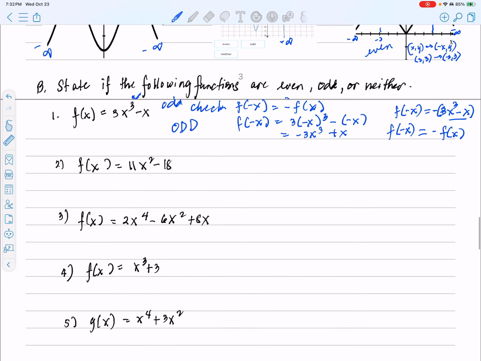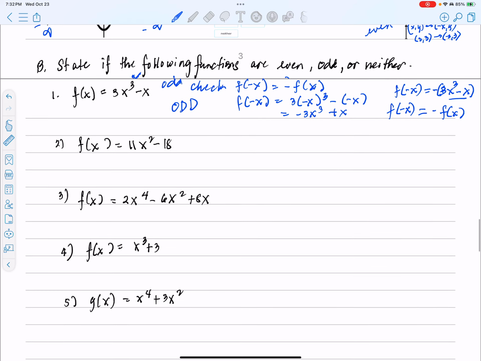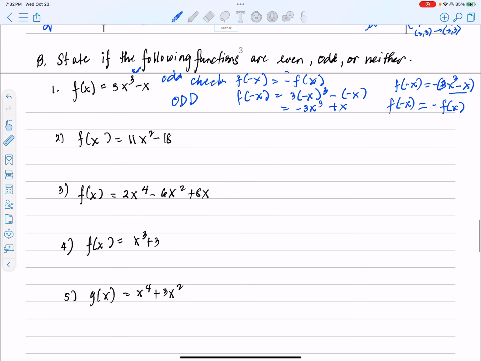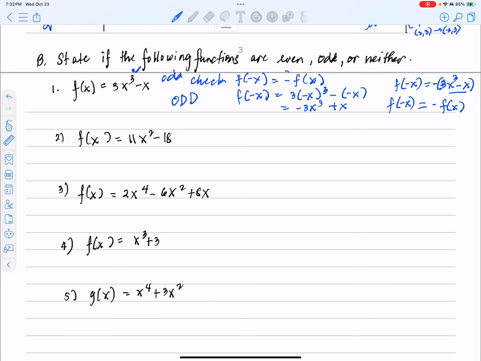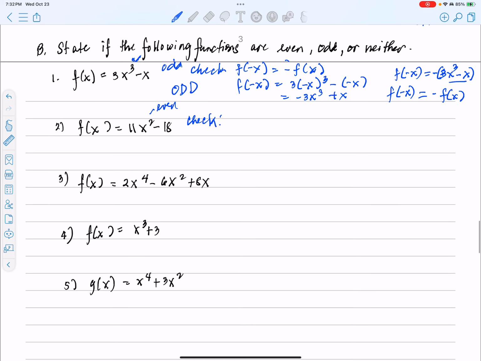For the second one, f of x equals 11x squared minus 18. The degree is even, and I'm quite sure this is even, but I have to check. Algebraically, I will check by substituting a negative x into the function.